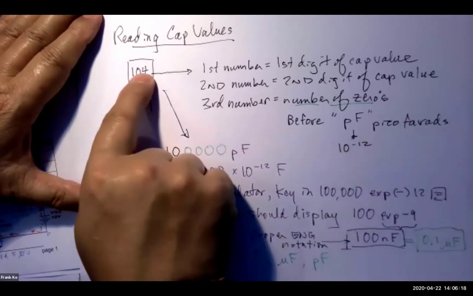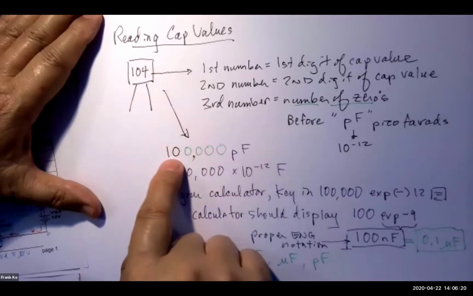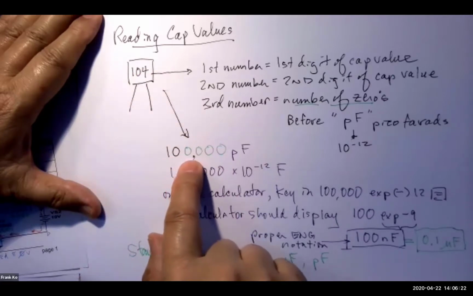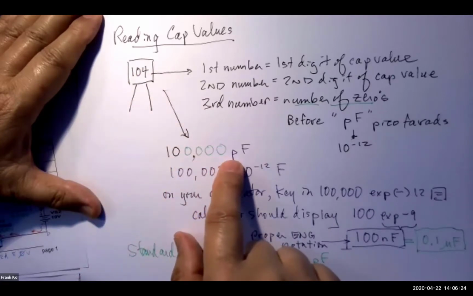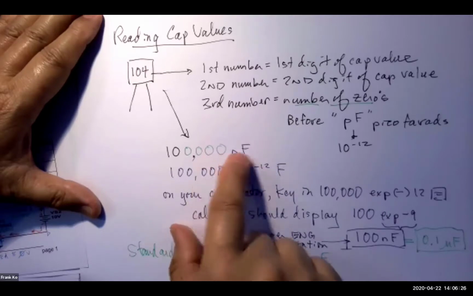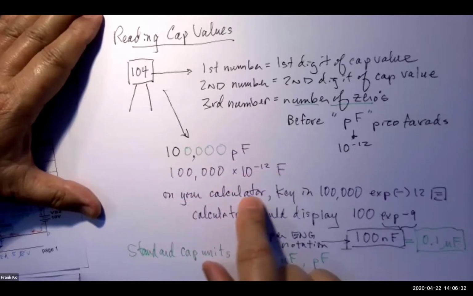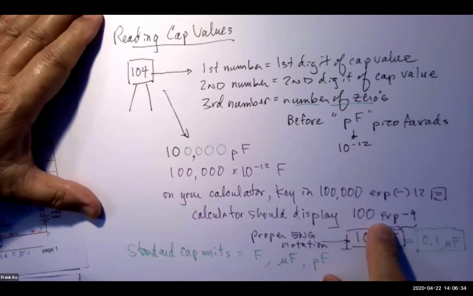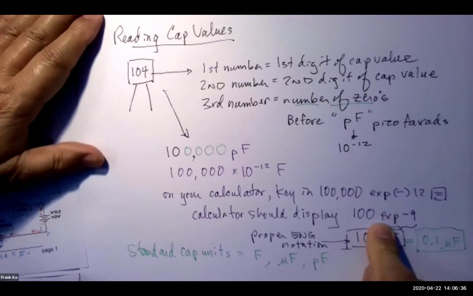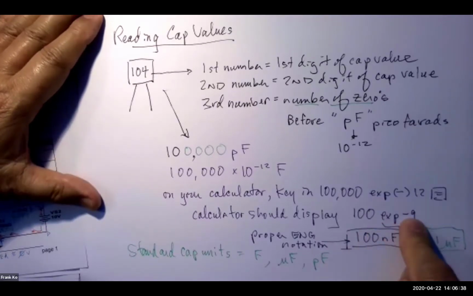So this 104 becomes a 10, followed by 4 zeros, followed by picofarad. And then you put this into your calculator as 100,000 EXP negative 12, and let your calculator spit out the appropriate engineering notation as 100 exponent negative 9, which you would understand to be 100 nanofarads. Are we okay with this so far?